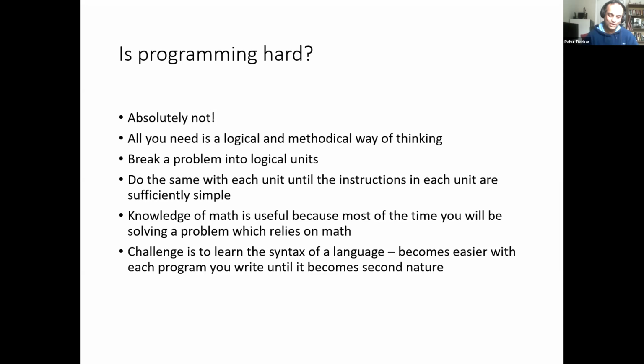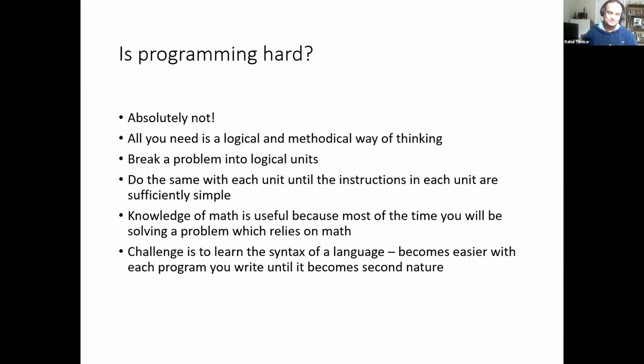Now, one of the things I recommend and try to emphasize in a programming class is that knowledge of math is very useful, because most of the time what you will be doing is solving a problem that relies on math. So you're taking the problem, mathematics provides the solution, the algorithm writes it down in a computational manner, and a programming language actually goes into the computer.